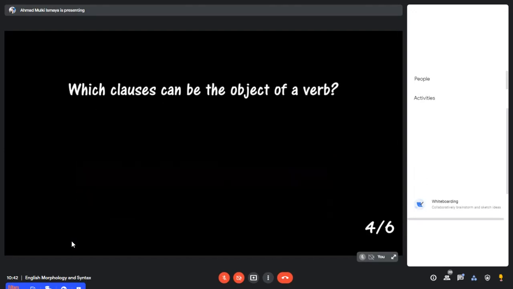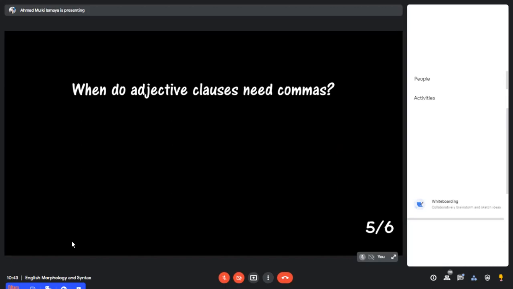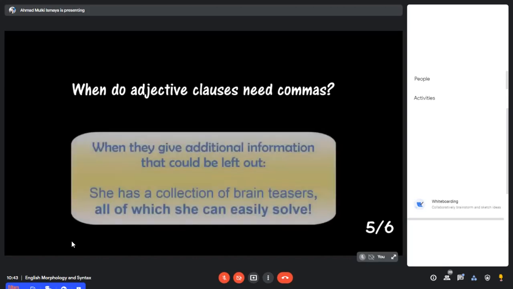Which clauses can be the object of a verb? Noun clauses. They function like nouns. For example, you promised that it would be easy. When do adjective clauses need commas? When they give additional information that could be left out.